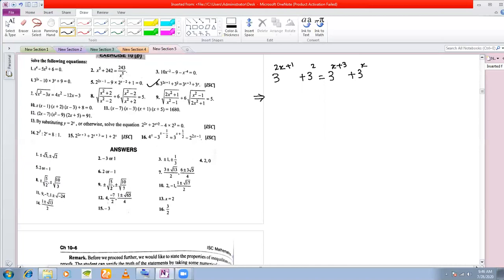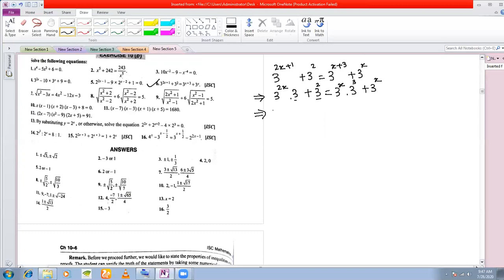Okay, so what I'll do is I'll first split this 3 to the power of 2x into 3 plus 3 square is equal to 3 to the power of 3x into 3 cube plus 3 to the power of x. Okay, now see here, I have a 3 here and I have a 3 square here.